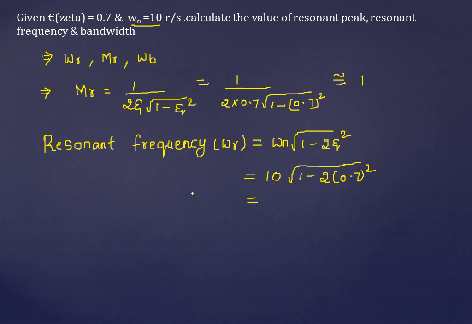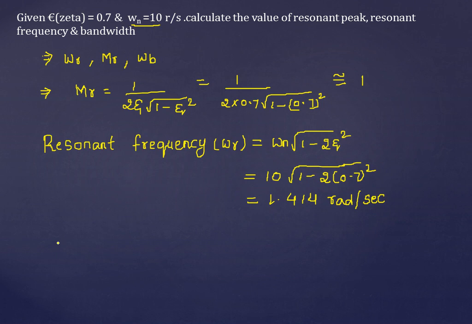Here we are getting the value 1.414 radians per second, because this frequency is the angular frequency, that's why the units are radians per second.